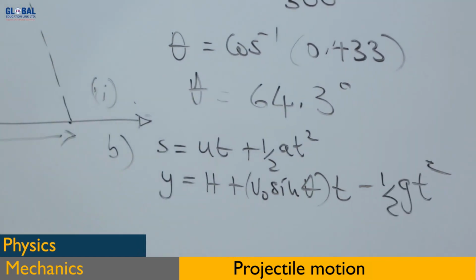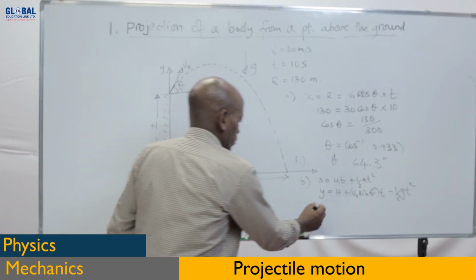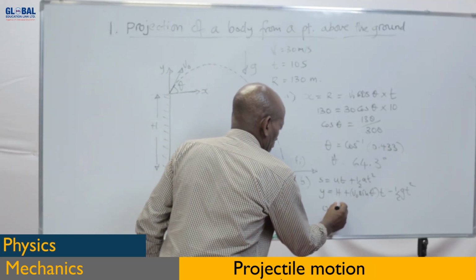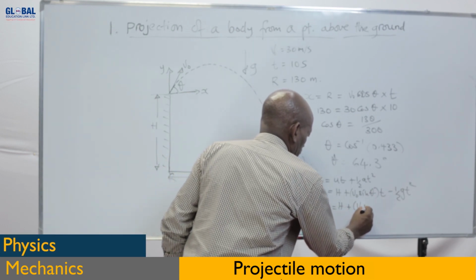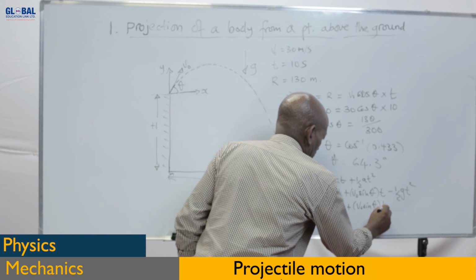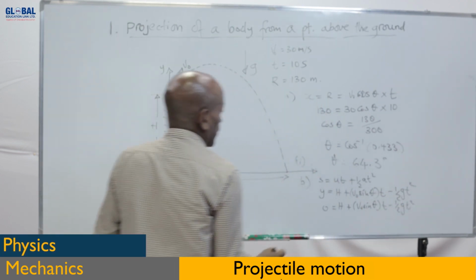So this is our basic equation which we are going to use. In this case, we put y equal to 0 so that we can determine h, which will be equal to v naught sin theta times t minus a half gt squared.